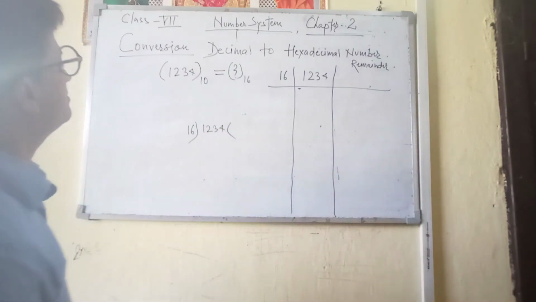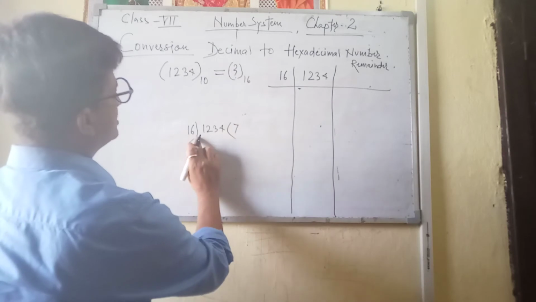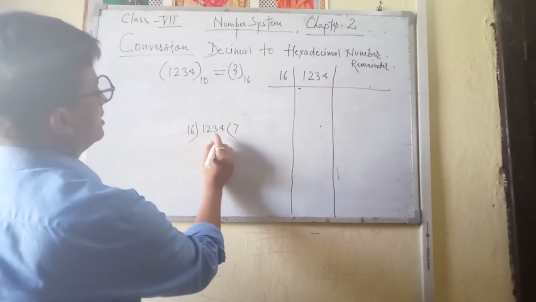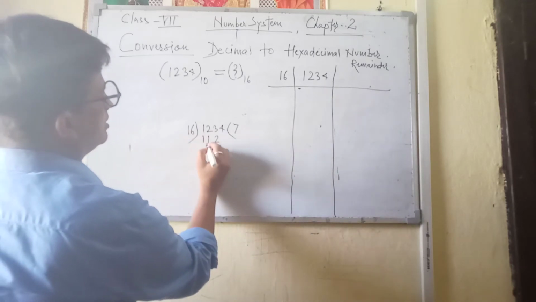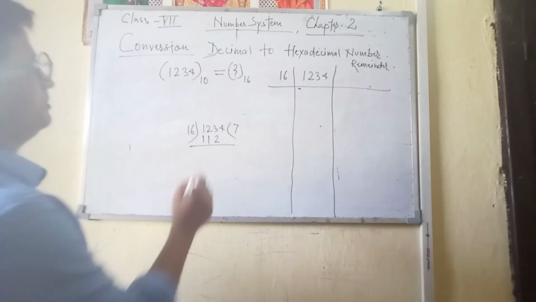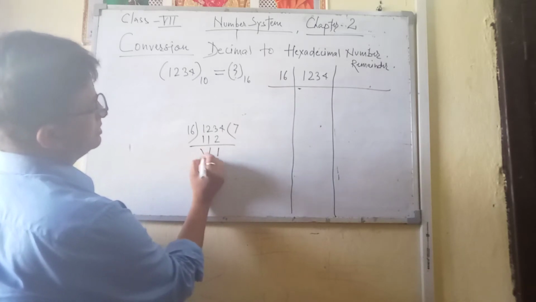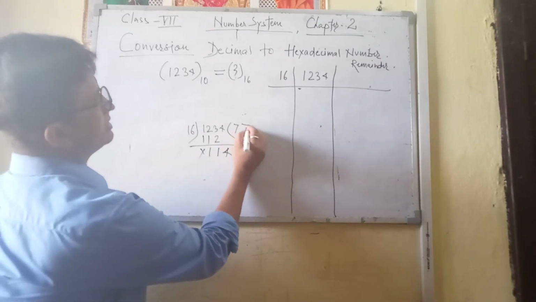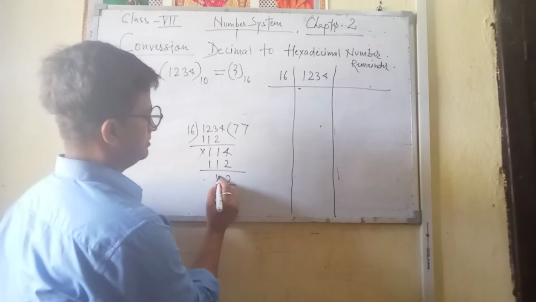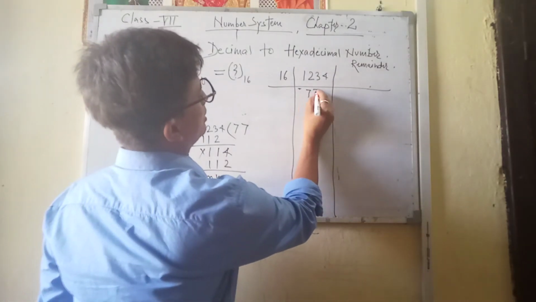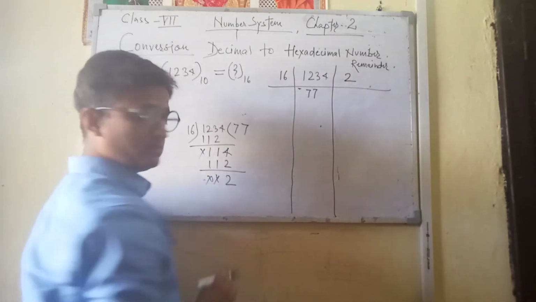Now 16, 7 if we try: 16 times 7 is 112. 123 minus 112 is 11. Bring down the 4. Now again 16, 7, 112. Remainder we got 2 here.